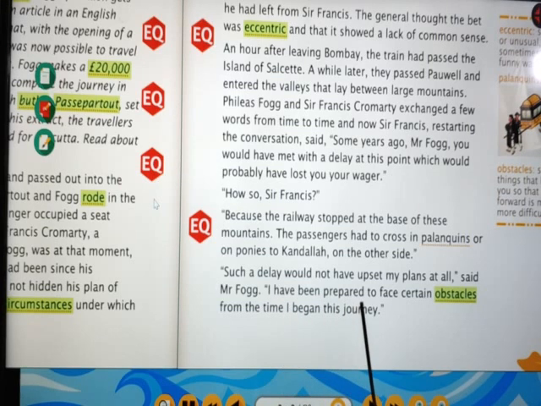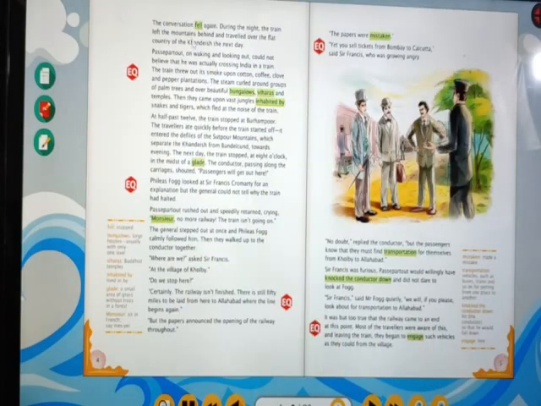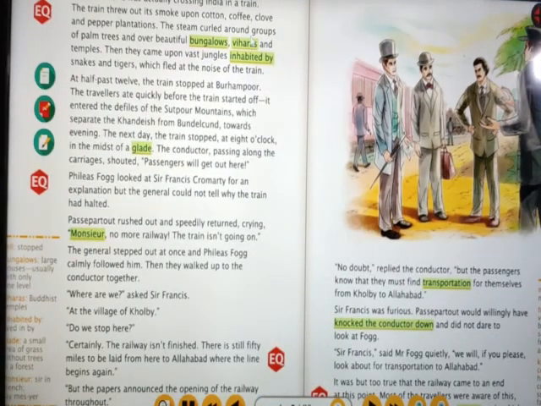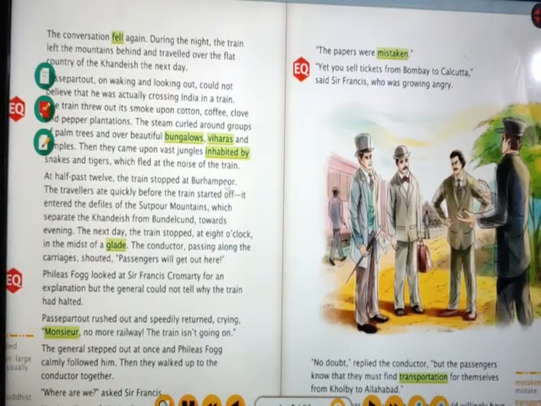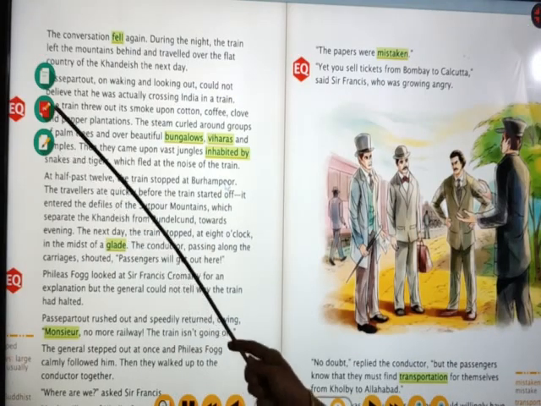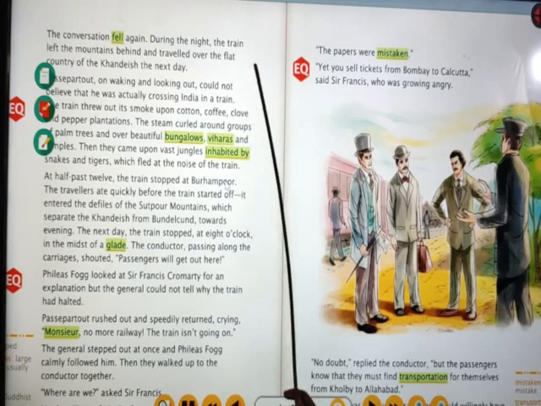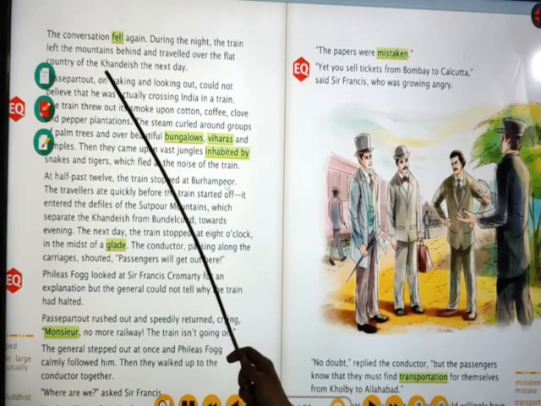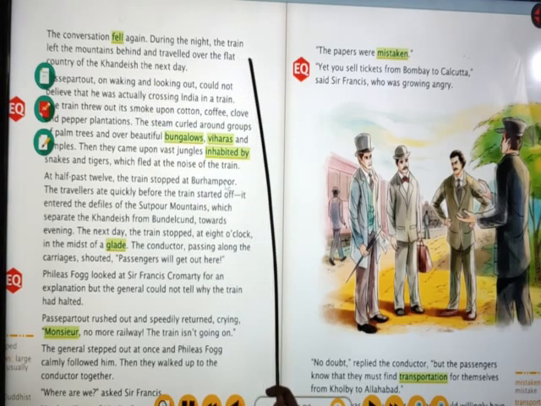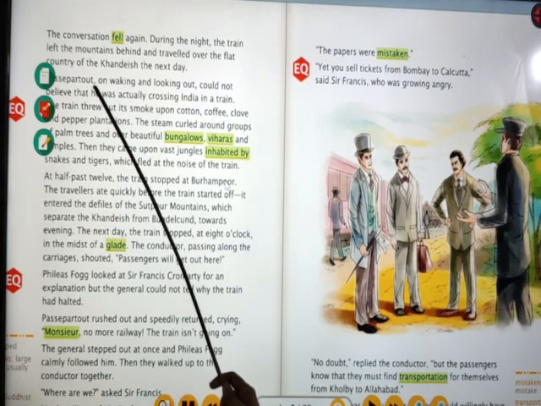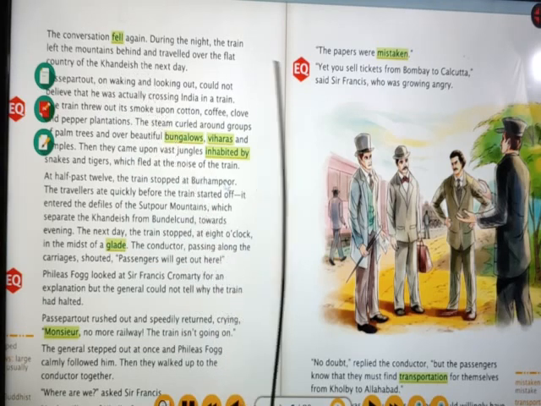"I have been prepared to face certain obstacles from the time I began this journey." The conversation fell again. During the night, the train left the mountains behind and travelled over the flat country of the Khandish the next day.